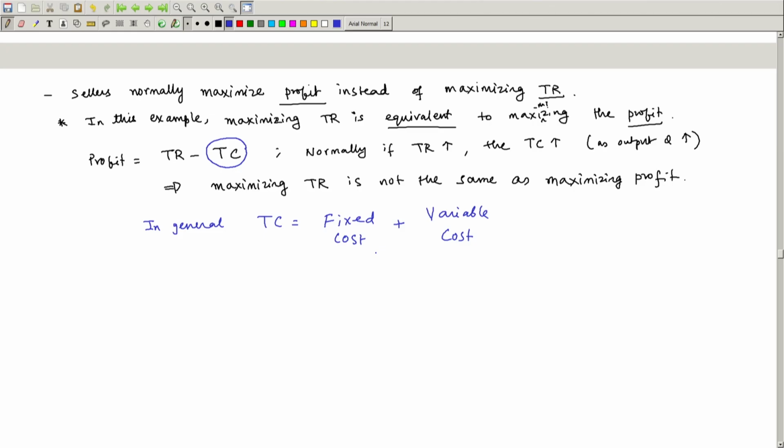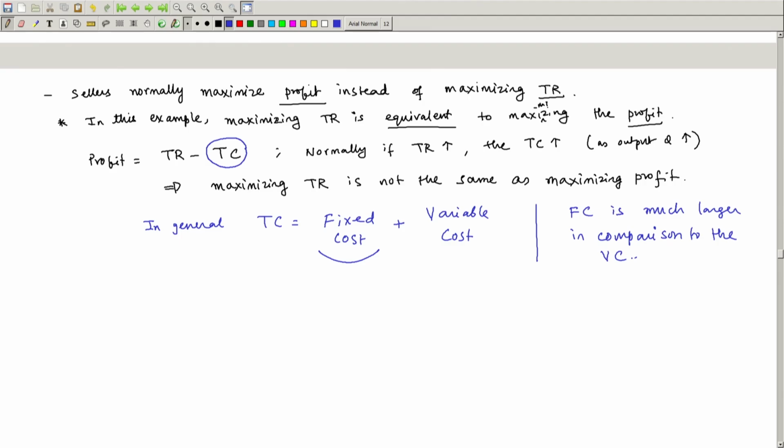The rent that the movie theater pays, if it's part of another building or a mall, is also part of the fixed cost. So for a movie theater, this fixed cost component is much larger in comparison to the variable cost.